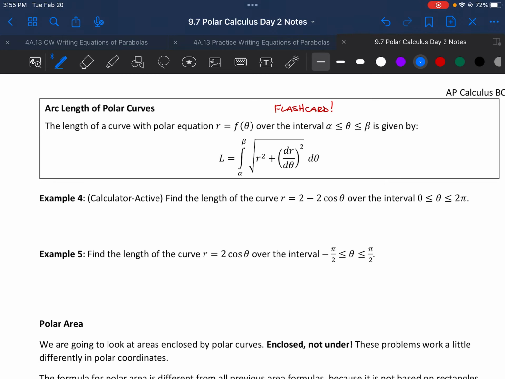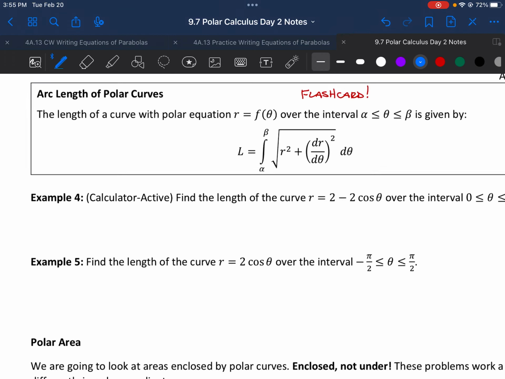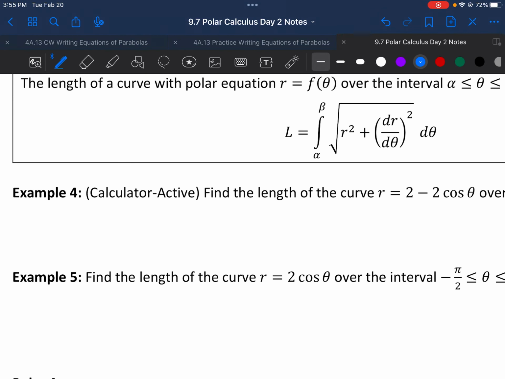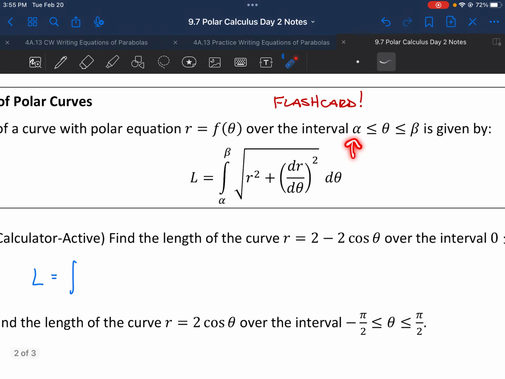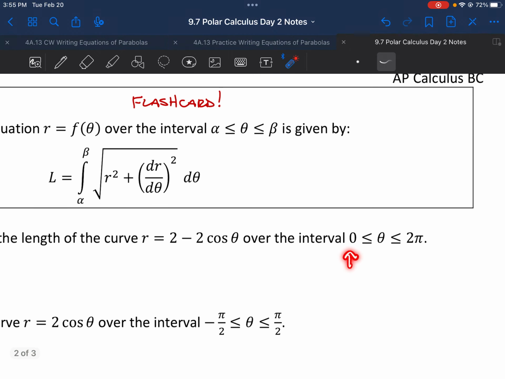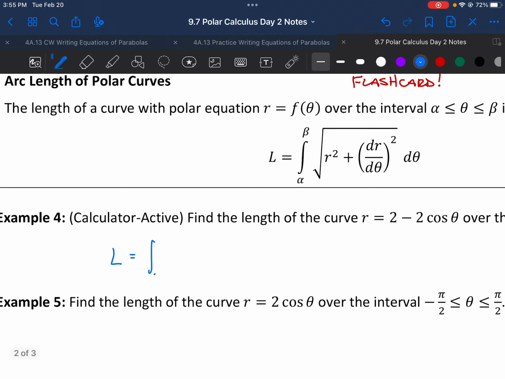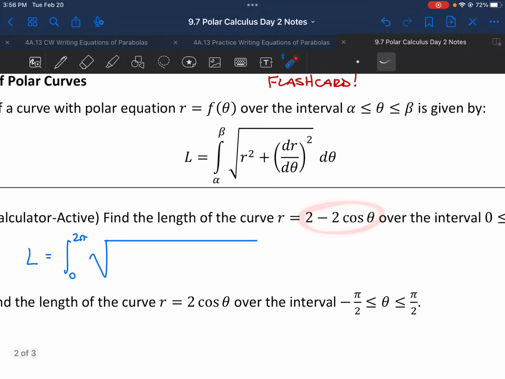All right, calculator active. Find the length of the curve r equals 2 minus 2 cosine θ over the interval from 0 to 2π. Well, it's calculator active, so we just need to make sure we set it up correctly and we enter it in the calculator correctly. So our arc length, L, equals the integral from α to β. That's the interval. Our interval is 0 to 2π. So the integral from 0 to 2π of the square root of r squared. r is 2 minus 2 cosine θ.